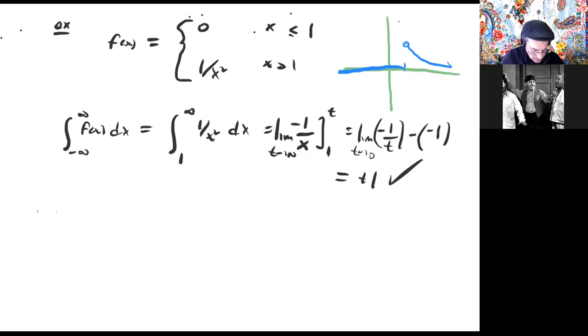Okay, let's compute for this example the probability that 1 is less than or equal to x is less than or equal to 2. What do we get?